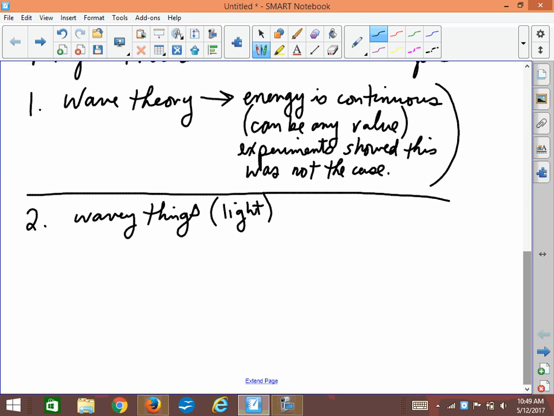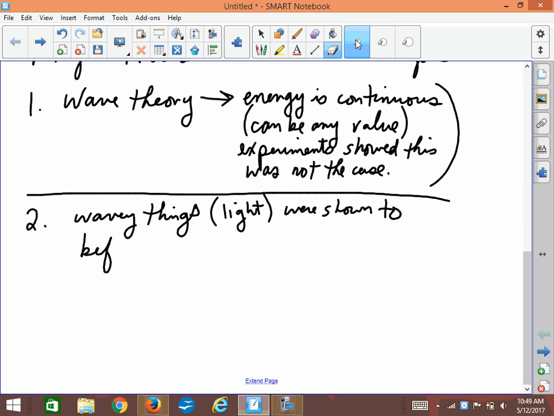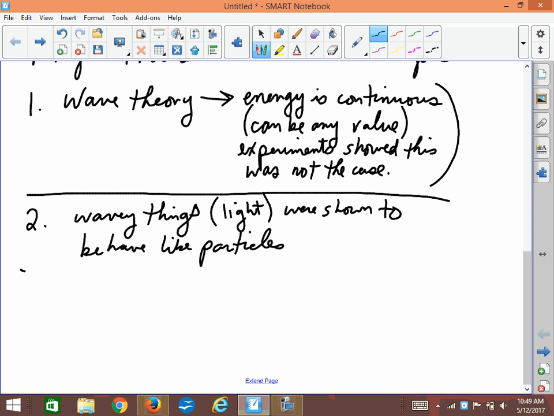But wavy things like light were shown in some experiments to behave like particles. They behaved like bowling balls rather than waves. Something was amiss. And I'll show you some of the experiments that indicated that.